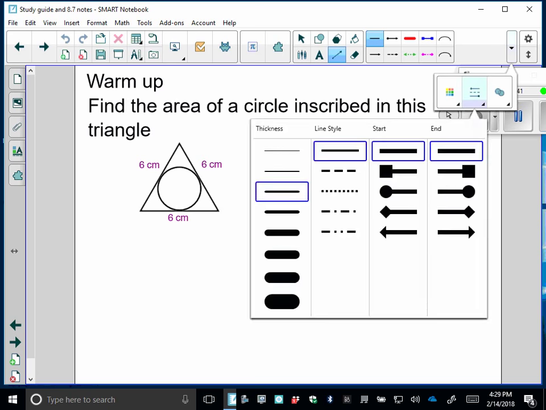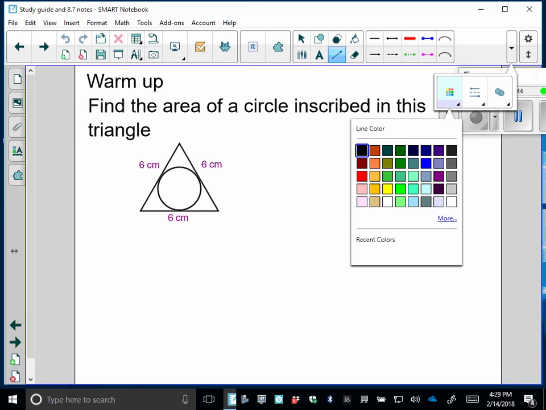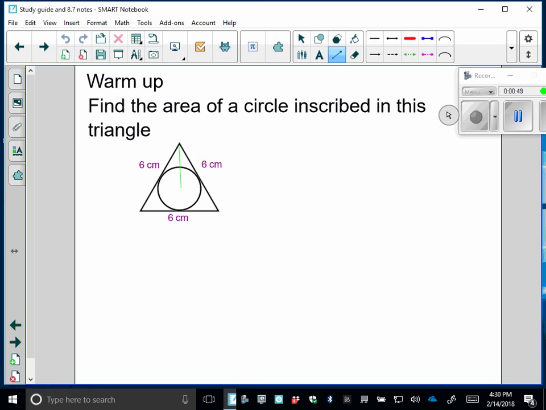One of the things that we learned was in an equilateral triangle, and for that matter in any triangle, the medians intersect at the center of the circle. So those are roughly about medians. They're not constructed, but where those medians intersect, we have the center of the circle.